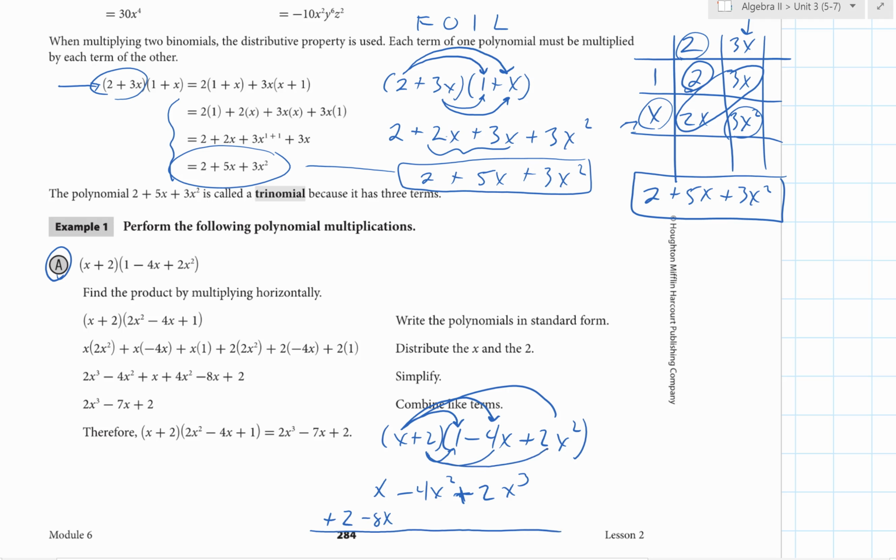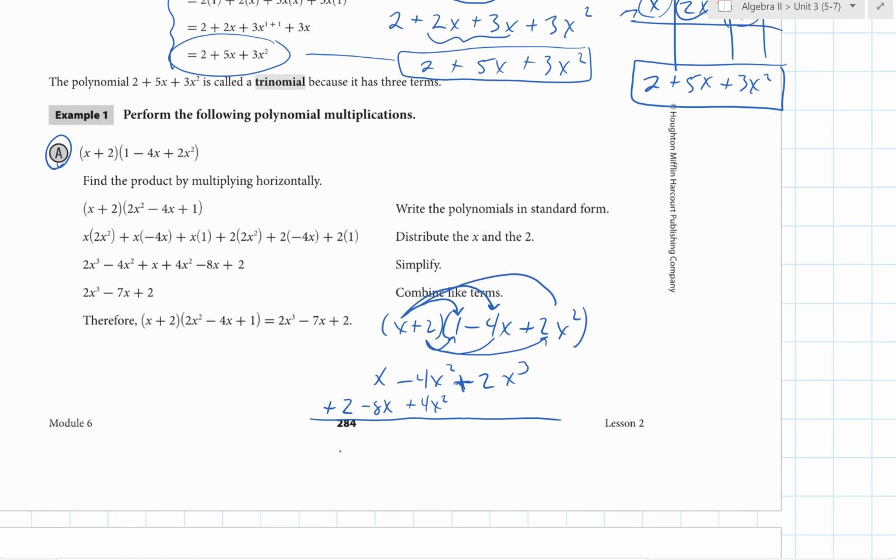And then that's going to be plus 4x squared. And so now when I add those vertically, I have 2 minus 7x. The x squareds cancel. They give us 0, so we don't need to write that down. And then plus 2x cubed. So notice that we have 2 minus 7x plus 2x cubed, which is equivalent to the answer the author got by doing the distributive property.